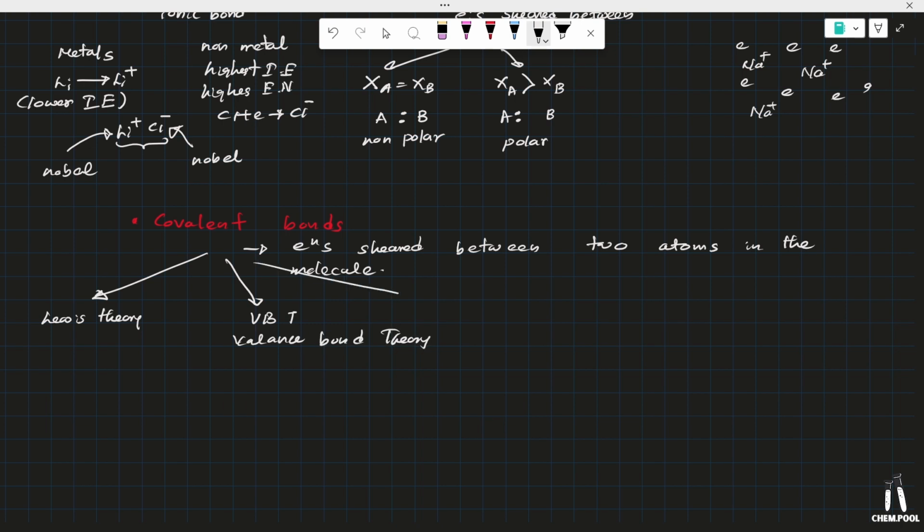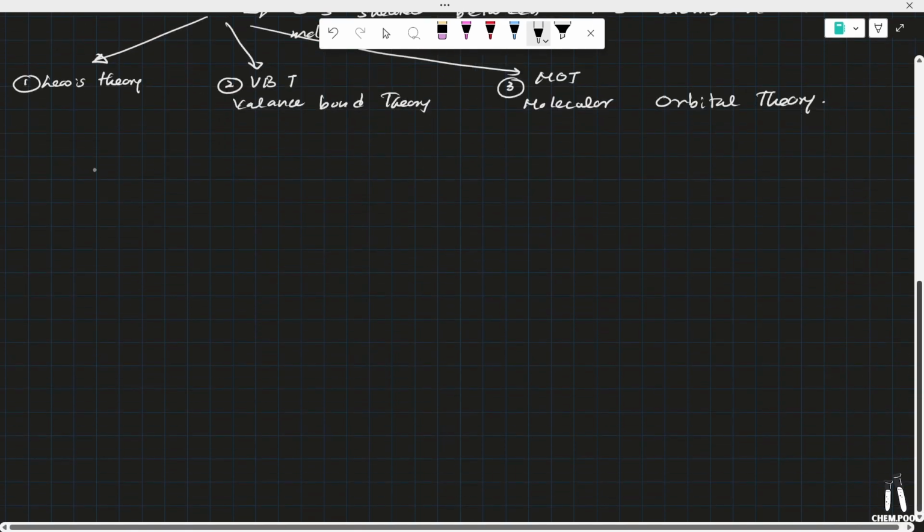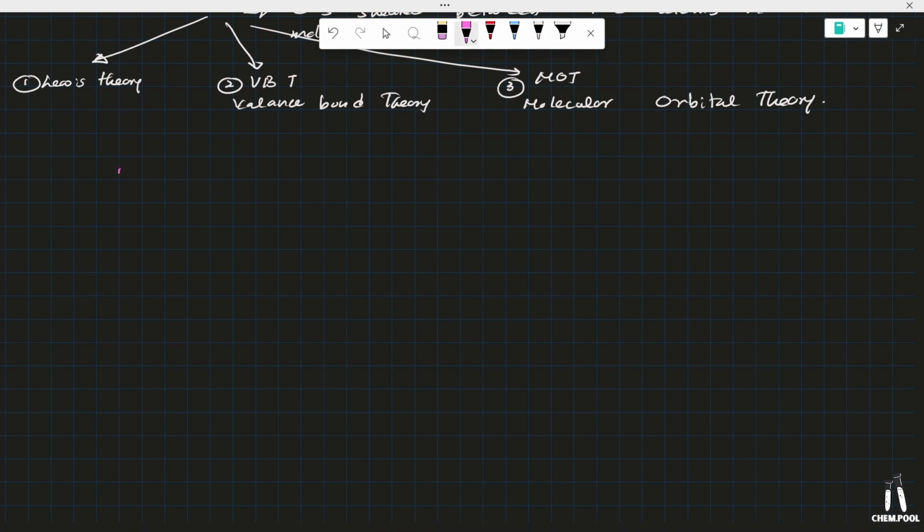And third one is MOT, that means molecular orbital theory, right? Basically, from this topic, I am going to discuss the Lewis theory. For Lewis theory, we need to know one major definition, that is valence.